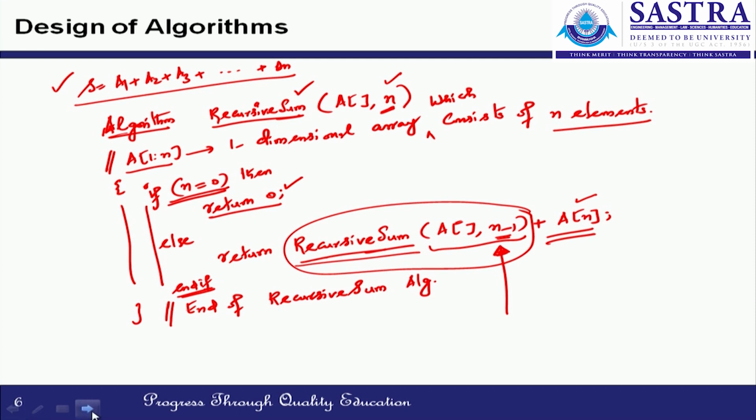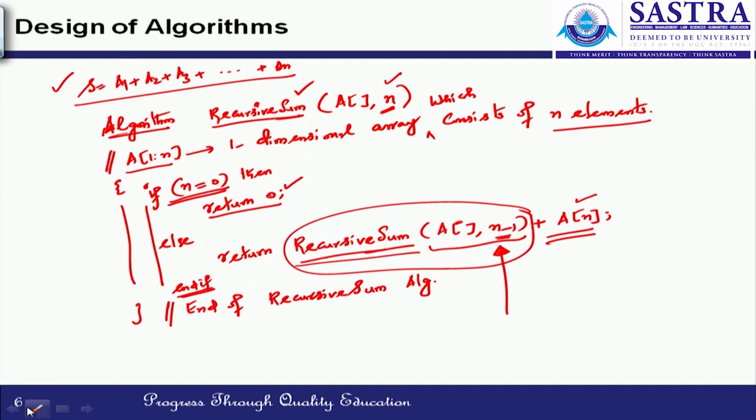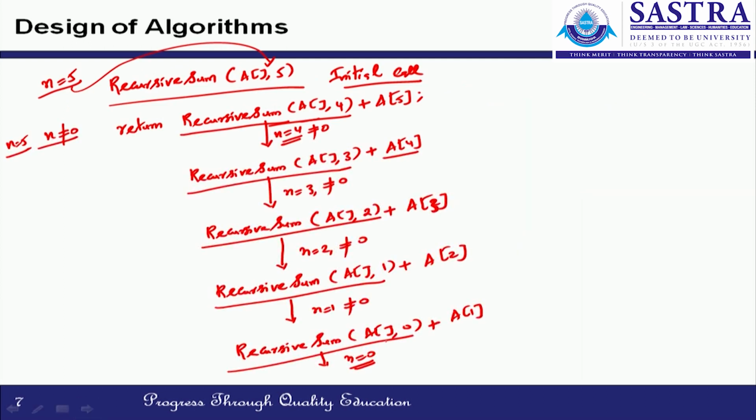Now, what happens? Current n is 0. Current n is 0 means first checking if n is equal to 0, then return 0. So this recursive call returns a value 0. Returning 0, this indicates that 0 plus A1 is equal to A1. So A1 is returned to the calling place. Who is the caller of recursive sum A array comma 0?